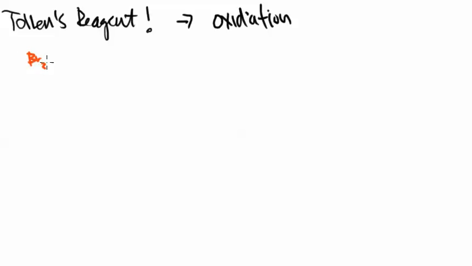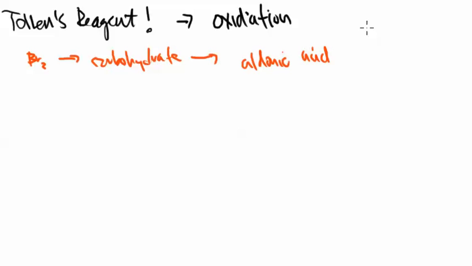I can take bromine and put this in a test tube with a carbohydrate. And this thing will oxidize. And what it will oxidize into is an aldonic acid. So we have a C double bond OH group up here at the top, and then who knows what we have in the backbone, it doesn't really matter, and then CH2OH at the bottom.